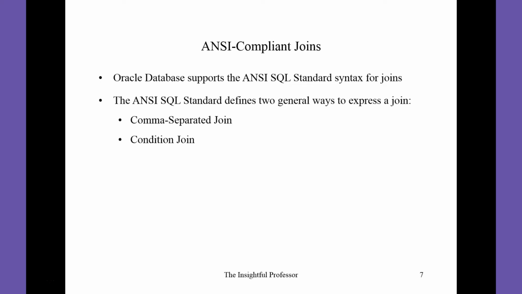The ANSI SQL standard supports other variations of formulating a join. For example, there's a special syntax for something called a cross join, a natural join, and there's also a way of expressing a join referred to as column name join.